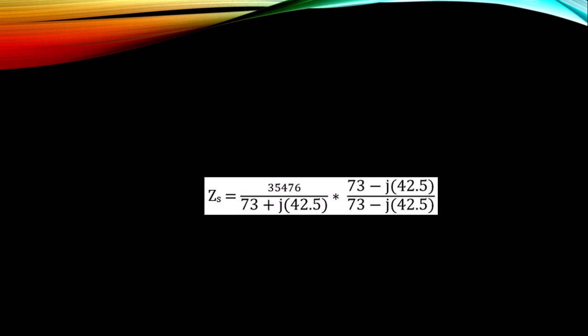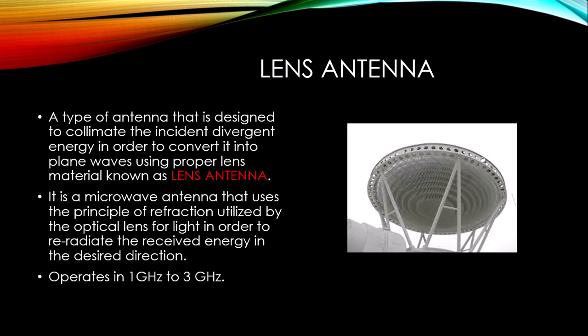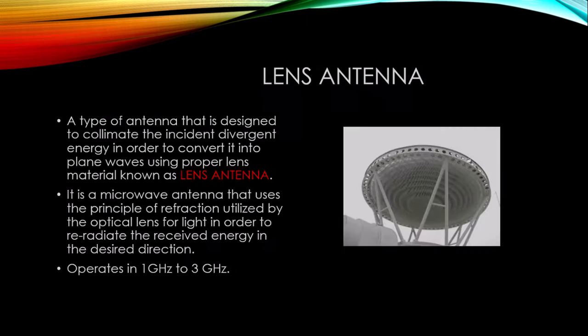Then we will multiply it by the conjugate and simplify, and we will have the answer of ZS is equal to 363 minus j211 ohms.